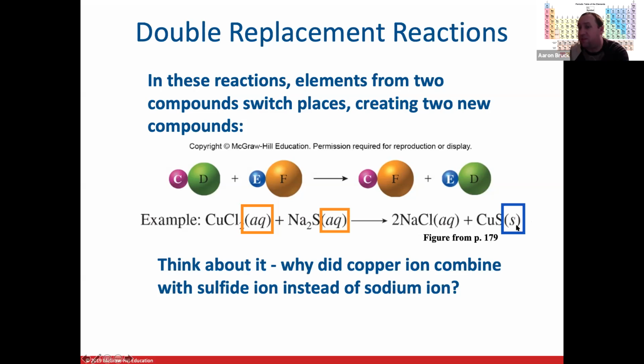One of the things that recur is we either get a solid formation, as is the case in this one. We call that precipitation. We can also get gas formation, or we can get neutralization, which usually comes with a heat transfer as well.